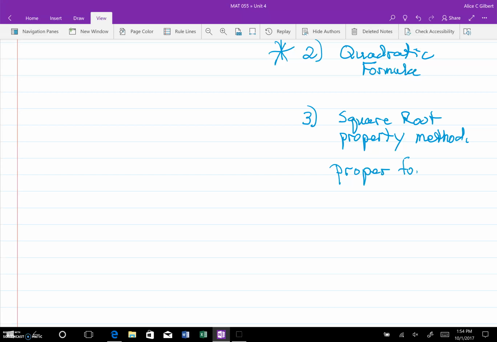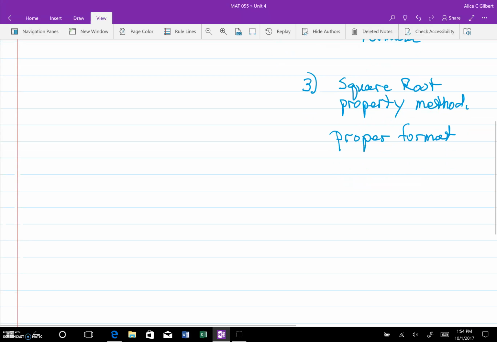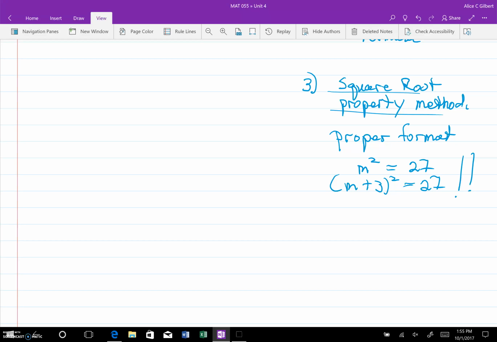So, proper format is something like m squared equals 27, or a perfect square trinomial, m plus 3, the quantity squared, equals 27. If it looks like one of these, okay, then use the square root property method, okay? Otherwise, do not use the square root property method.